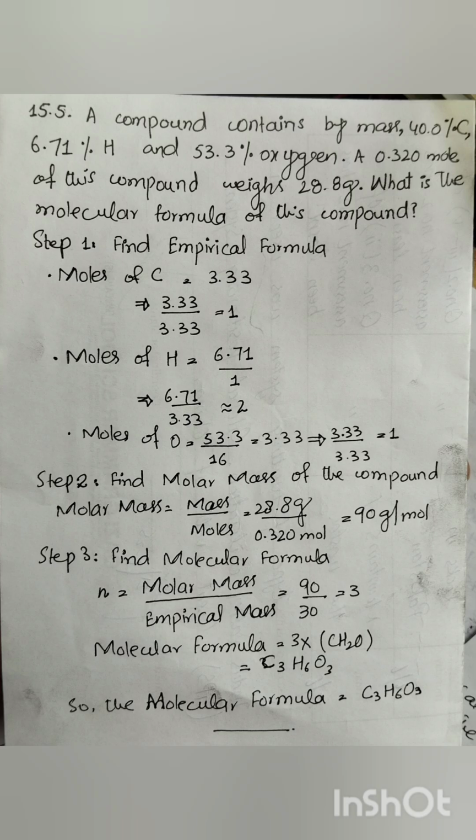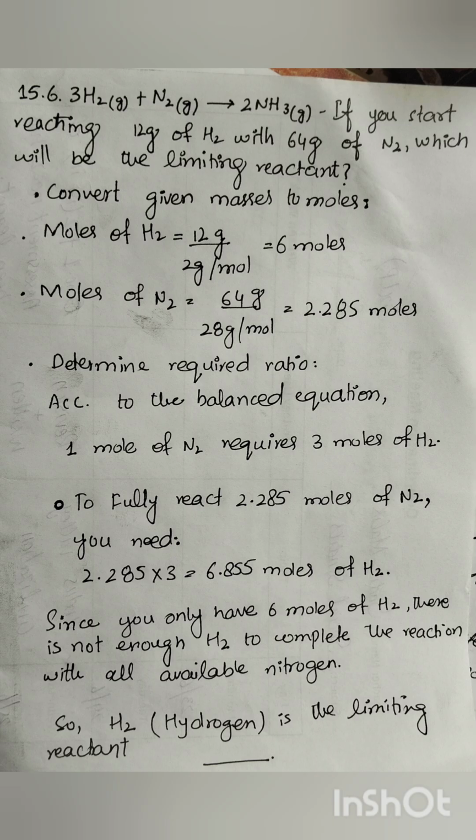So the molecular formula will be 3 multiplied by CH2O, which is equal to C3H6O3. So the molecular formula will be equal to C3H6O3.